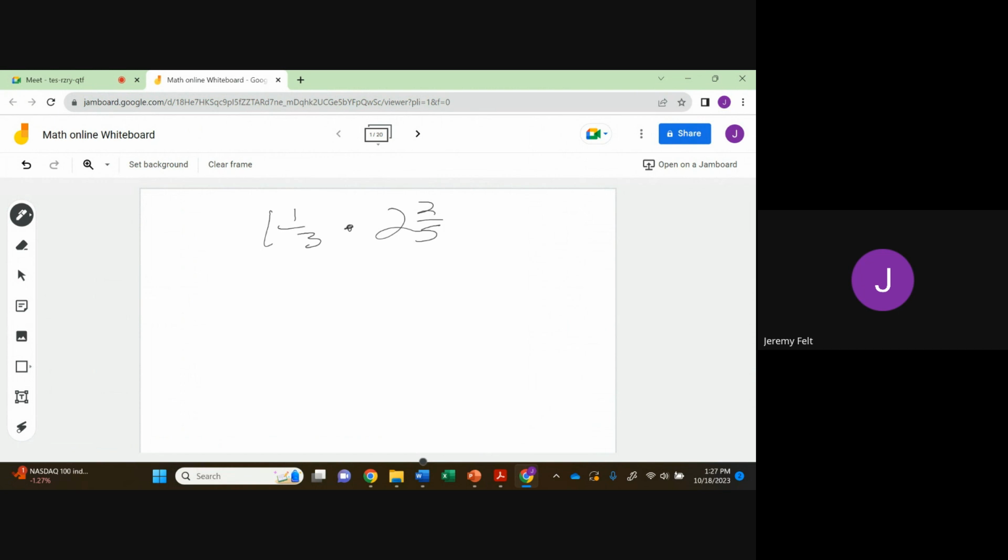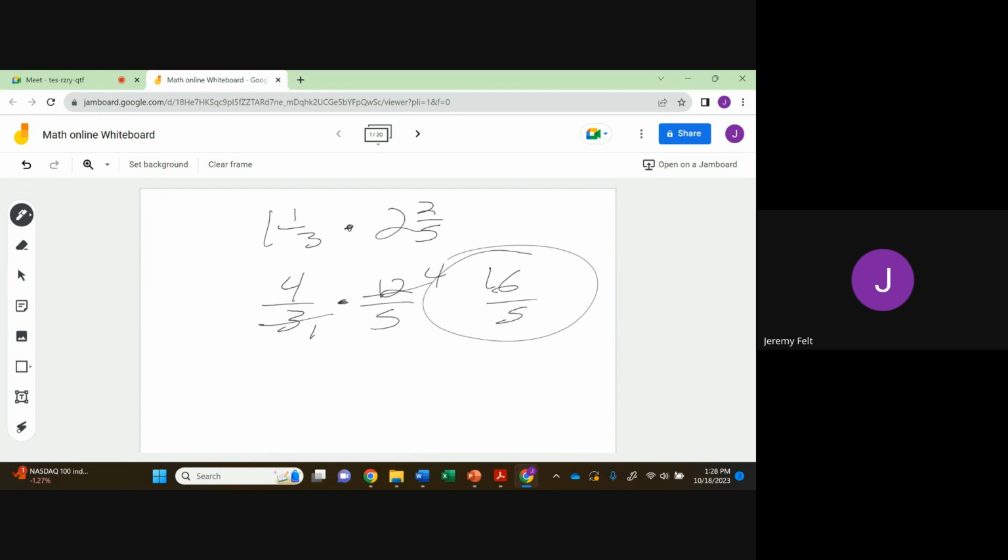When we're multiplying or dividing, not adding or subtracting, but multiplying or dividing, we have to convert them to improper fractions. So 1 times 3 plus 1 is 4, so 4/3. 2 times 5 is 10 plus 2 is 12. So it's 12/5. And then I can reduce: 3 goes into 3 once, and into 12 4 times. So 4 times 4 is 16 over 1 times 5, which is 5.